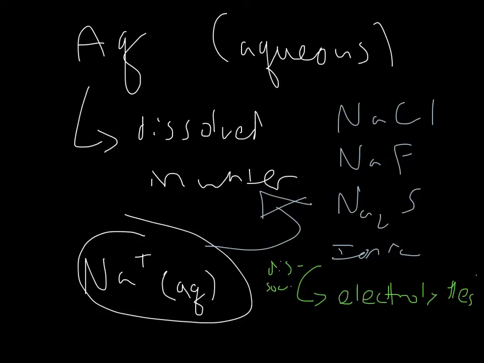If they dissociate well and conduct electricity well, they are strong electrolytes, or just electrolytes. If they don't dissociate very well, they are weak electrolytes, and they also won't conduct electricity very well. And if they don't dissociate at all and do not conduct electricity, they are non-electrolytes.